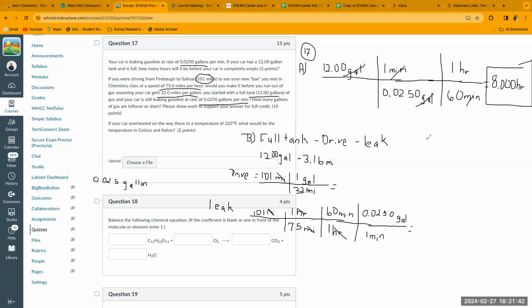So what value do you guys end up with? Just a reminder, you multiply everything that's on top by each other, and then you divide it by what's on the bottom.